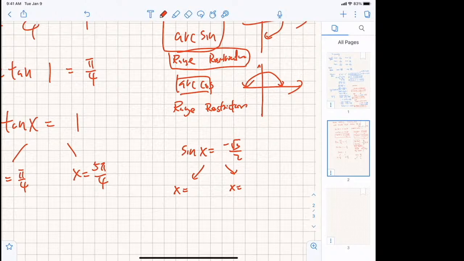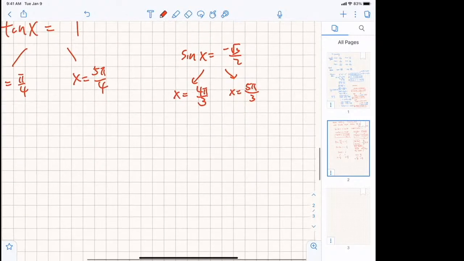I'm gonna guess 4 pi over 3. 4 pi over 3, what else? 4 pi over 3 and there's one more. 5 pi over 3. Anybody can confirm this? Yeah, I think so. Okay, good. Good job, Esteban. Everybody approves.